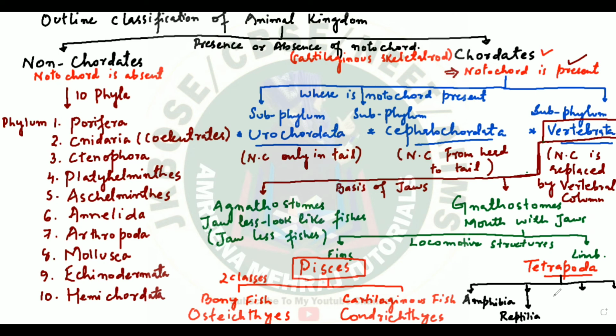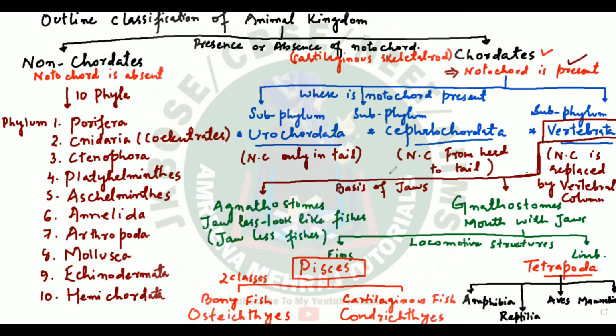Next is class Aves or birds. And the last class is that of Mammalia. Okay, let me put these arrows in a proper manner. So you have tetrapods divided into four classes: class Amphibia, class Reptilia, class Aves, and class Mammalia.